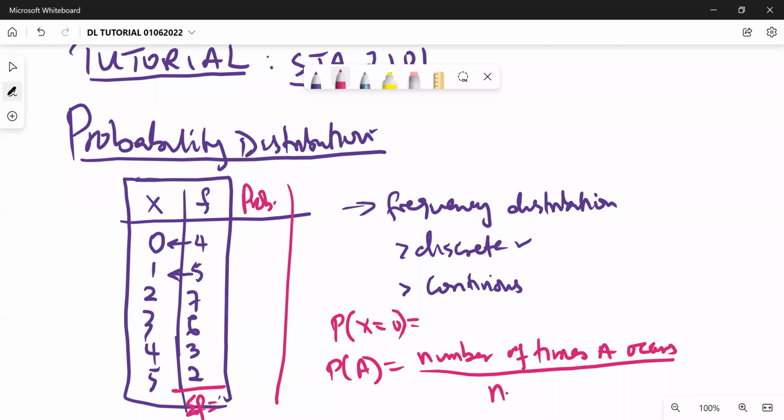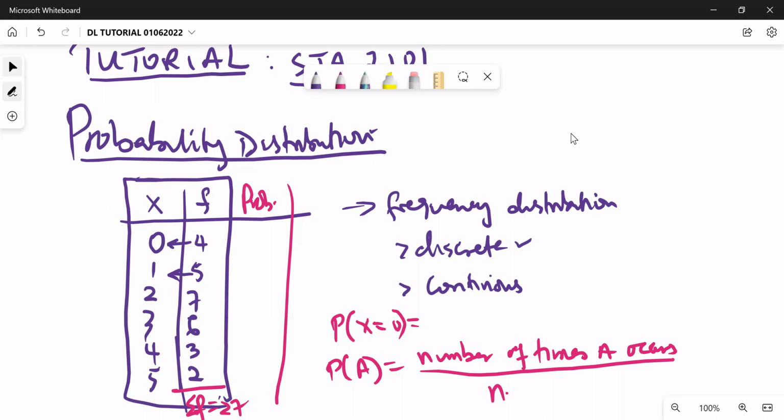If you add these values, you take 4 plus 5 plus 7 plus 6 plus 3 plus 2. So the summation of the frequencies is 27.